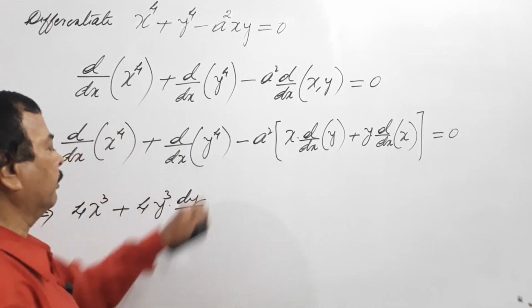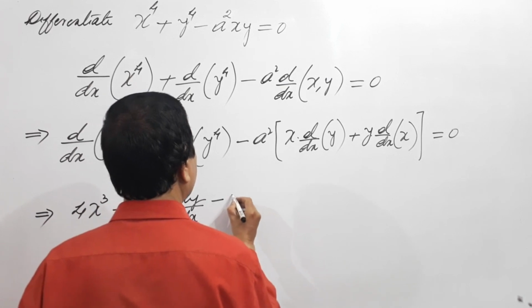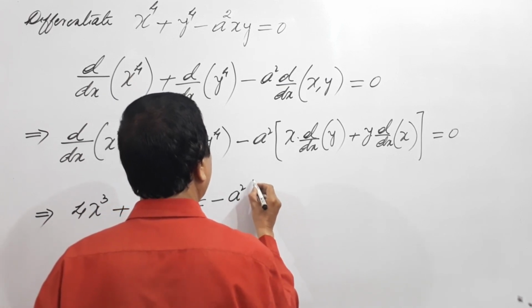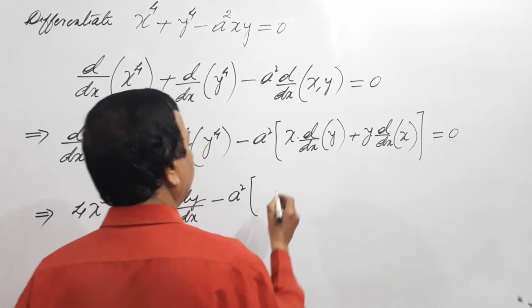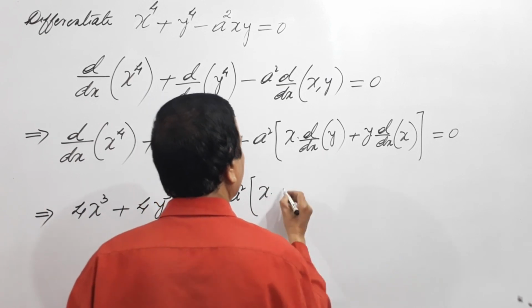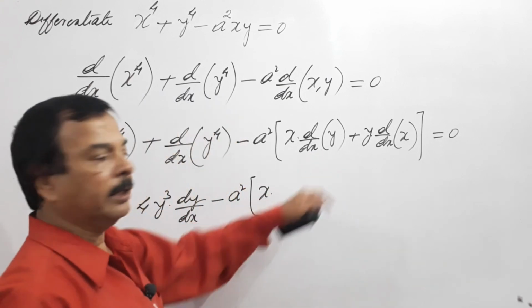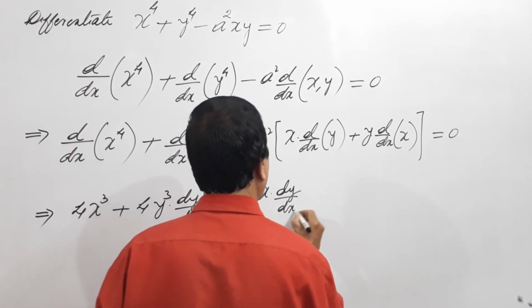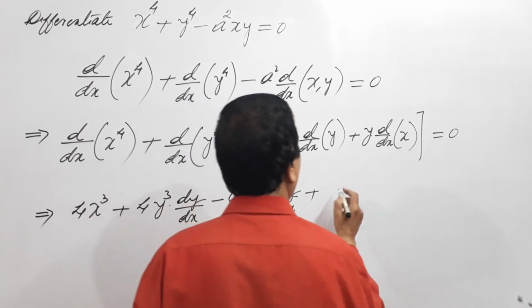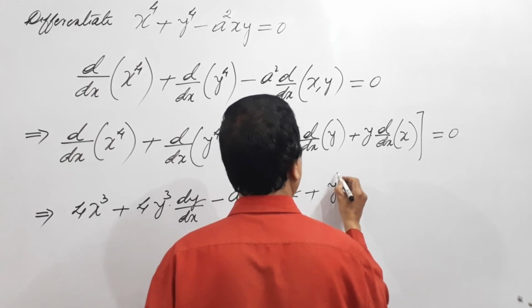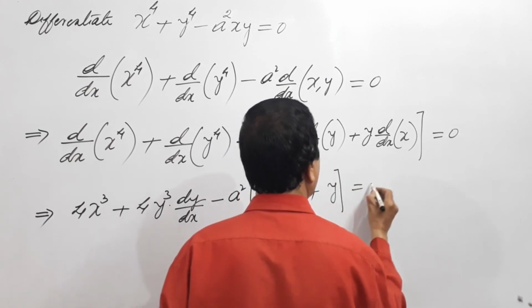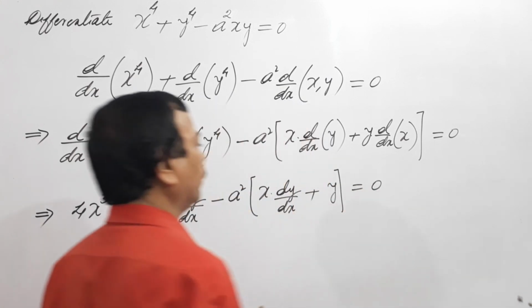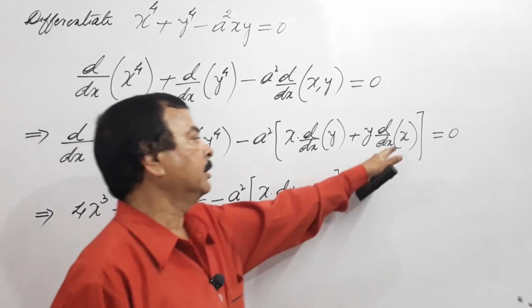You have to differentiate the y's also. So this minus a square I'll take as it is, and this becomes x into dy by dx, d by dx of y is dy by dx, plus y equals to 0 because d by dx of x is 1.